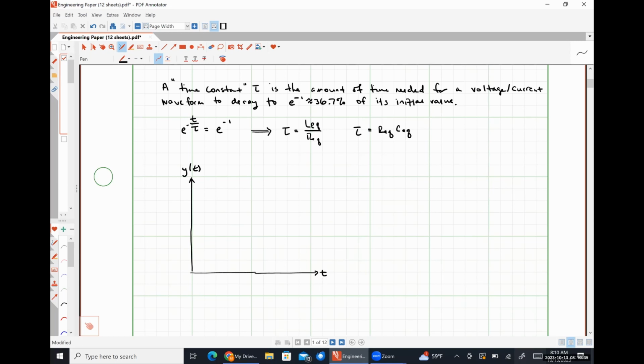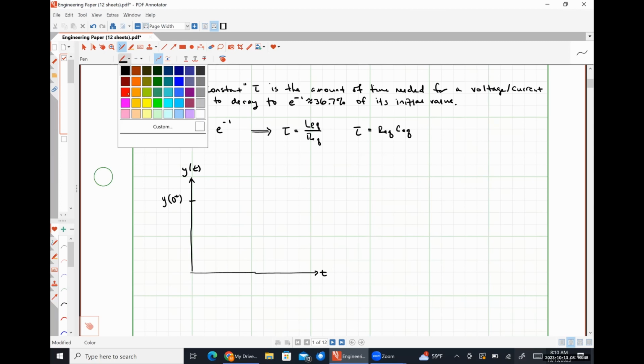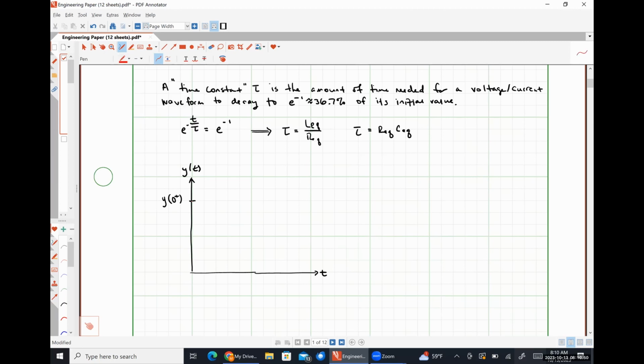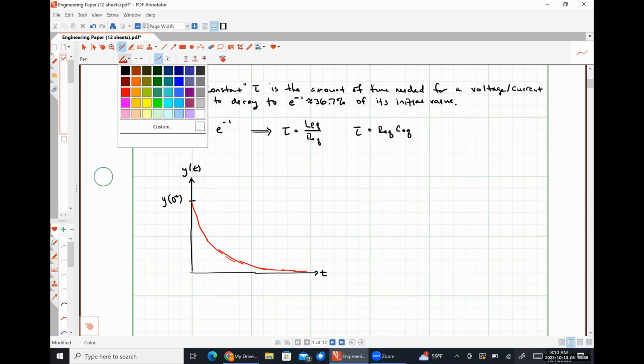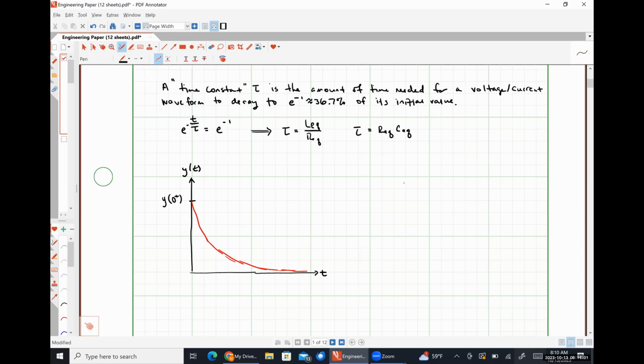Here is time, and let's say that this value corresponds to y at 0 plus. I'm going to draw a table over here as well.